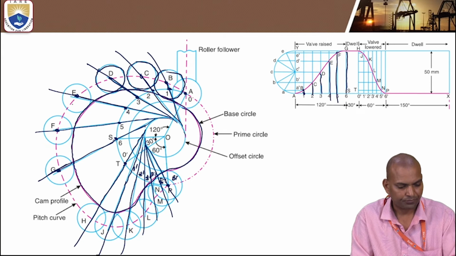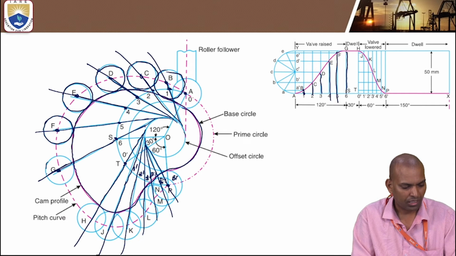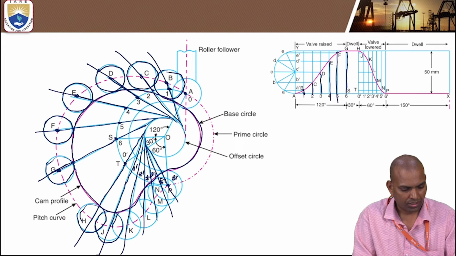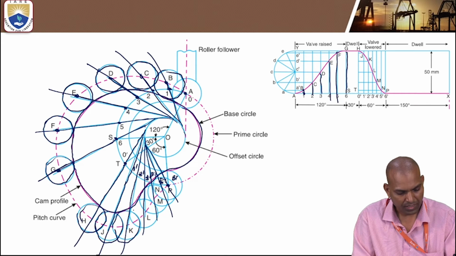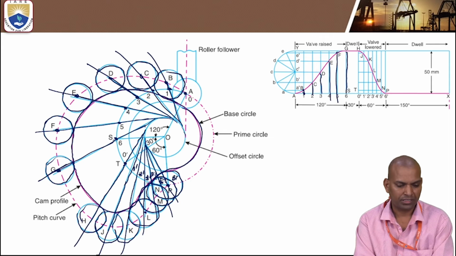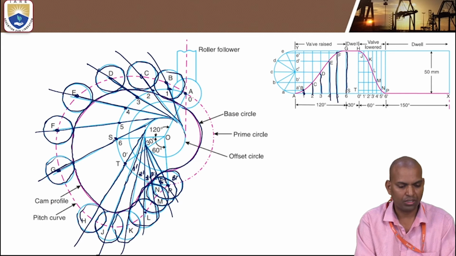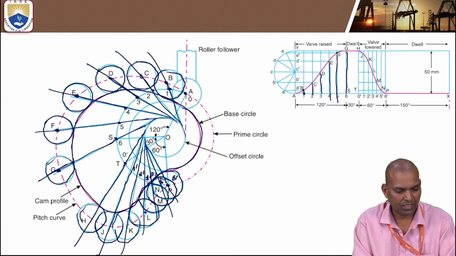At point D, at point E, at point F, at point G, at point H, at point K, at center. Like that we have to draw. The intersection of the rollers may be completely mixing. Then after the intersection, the surfaces of all the rollers we have to draw.